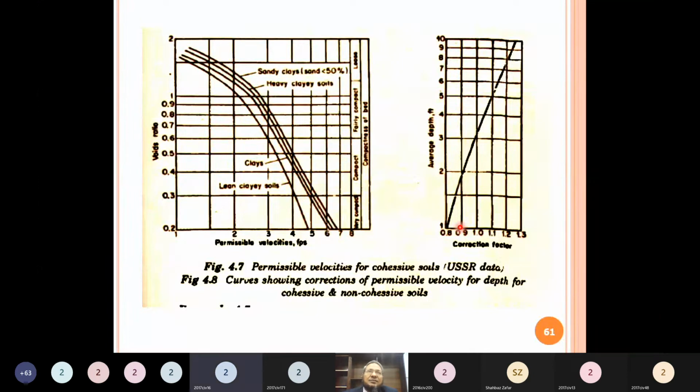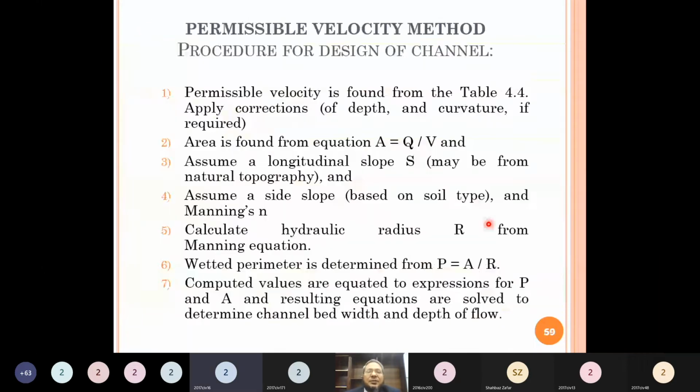So the velocities which are given in that table, I have to reduce by 10%. But if the depth of flow is 5 feet, how much is the correction factor? 1.1. I have to increase those velocities by 10%.